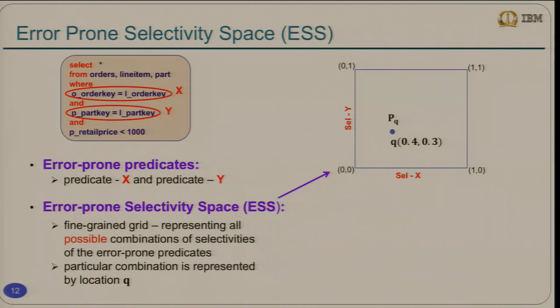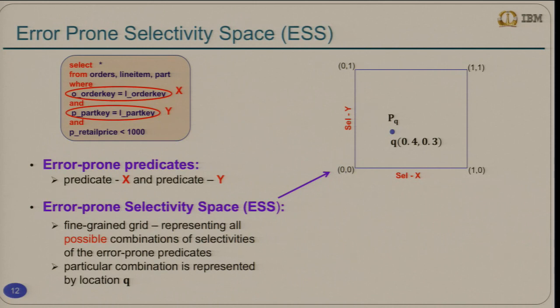If there are d predicates, it's a d-dimensional grid with all the selectivities varying from 0 to 1. Okay. So it's a normalized selectivity 0 to 1, and a particular query is represented by a point in this. Okay. So if x and y had 0.4 and 0.3, that would be the query point for us. Okay.